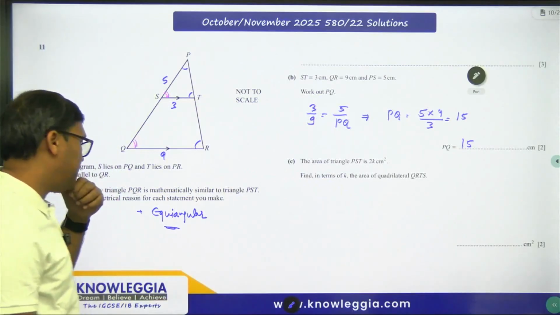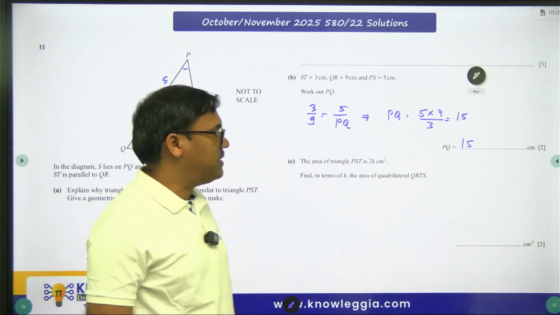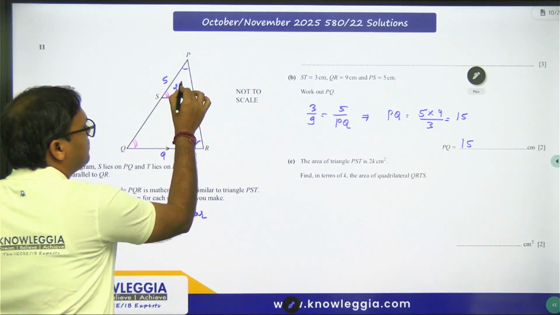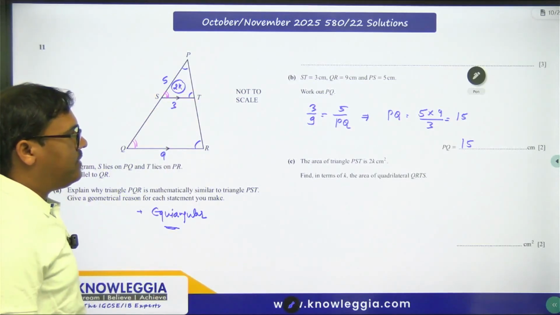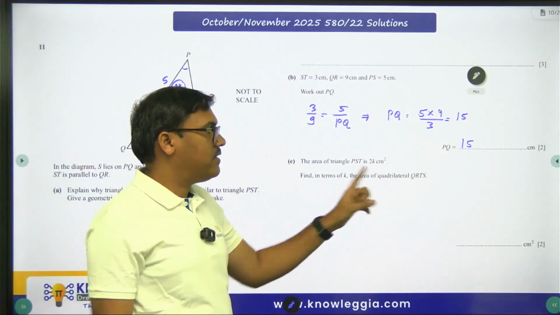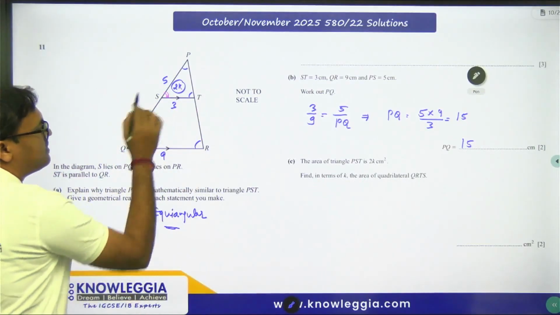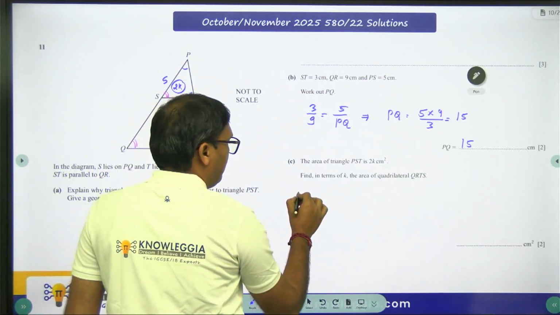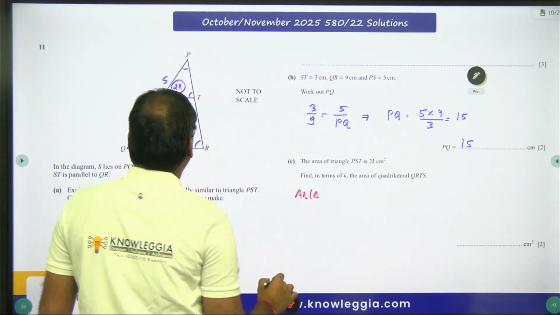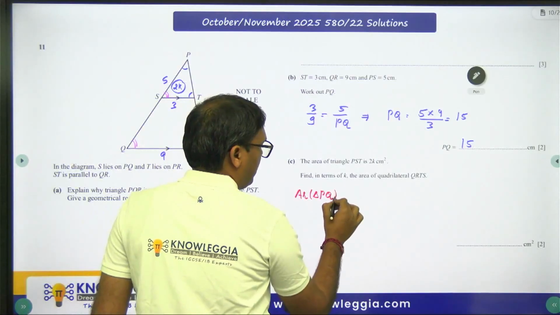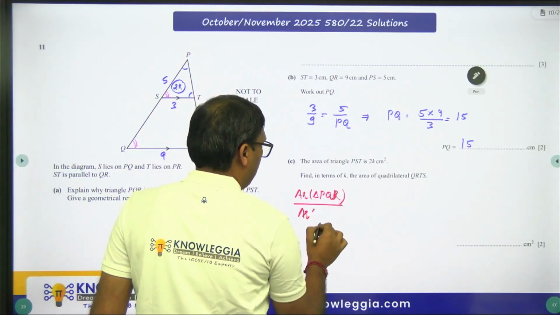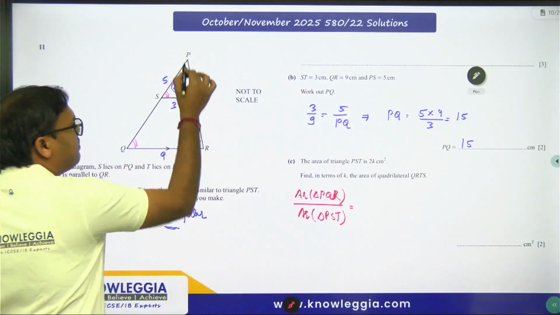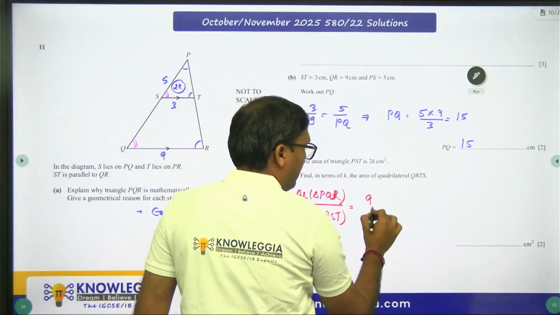Area of triangle. So here the next is area of triangle PST is 2k centimeter square. Find the area in terms of k of quadrilateral QRST. What is the area? So you can see the ratio of area of triangle PQR upon area of triangle PST is equal to 9 by 3 square.